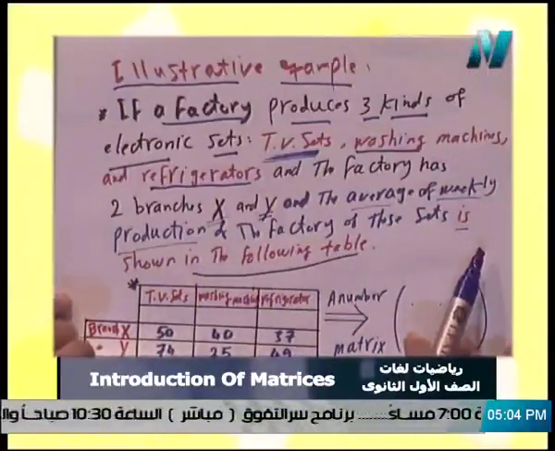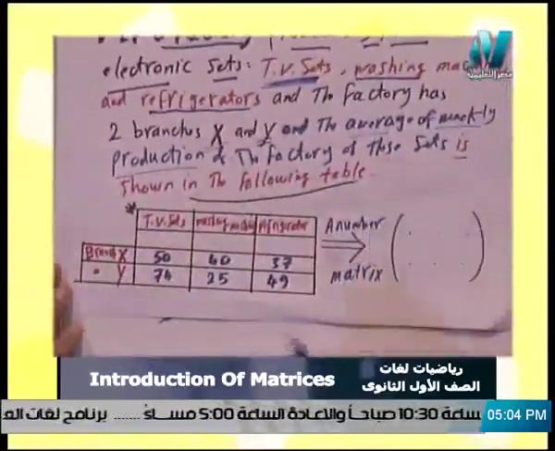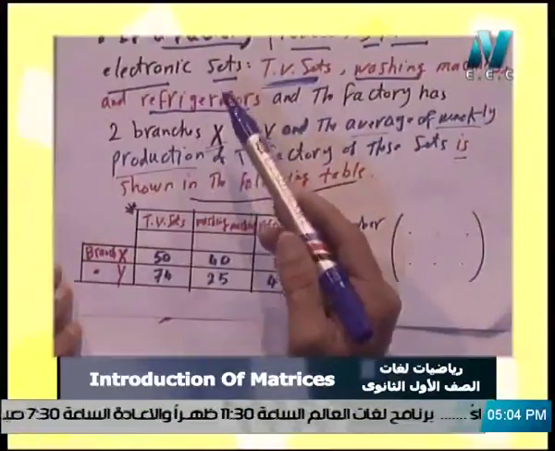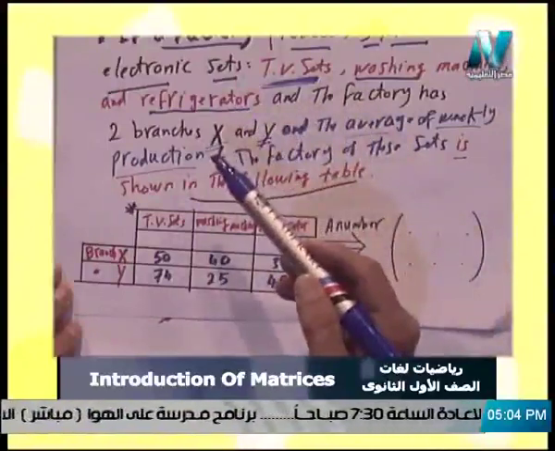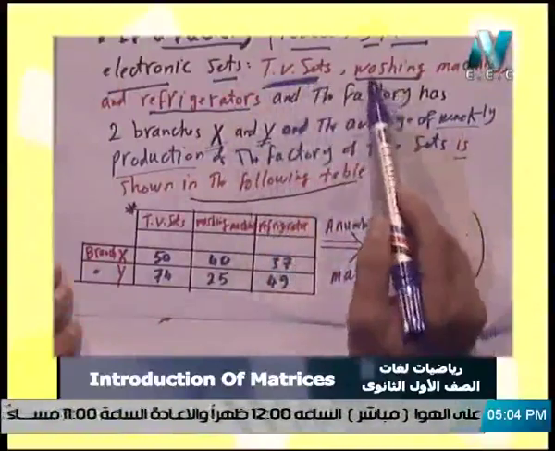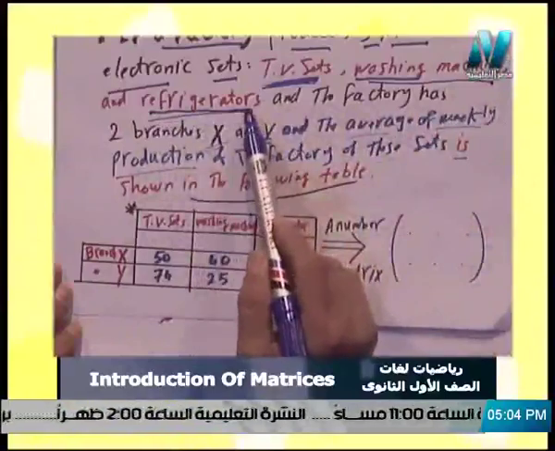We have a table here. Look carefully, my dear students. We have a table about a factory. This factory produces 3 types of electronic sets. First, TV sets. Second, washing machine sets. And refrigerator sets.